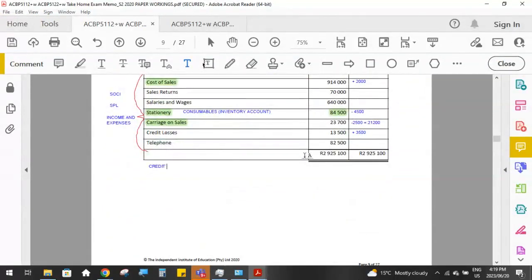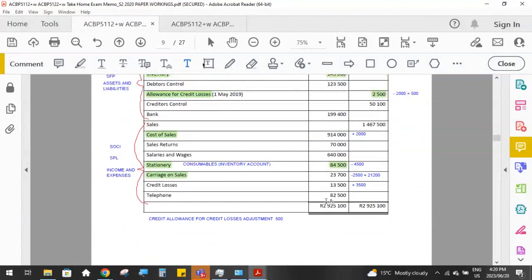I must credit my allowance for credit losses adjustment account by 500. Debit that, credit the adjustment account.